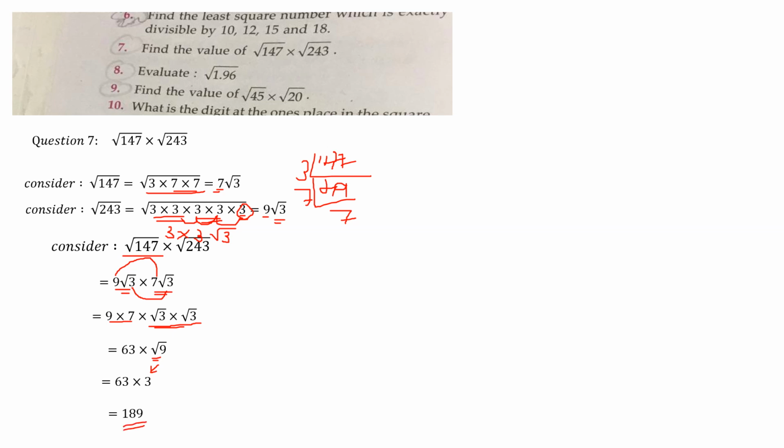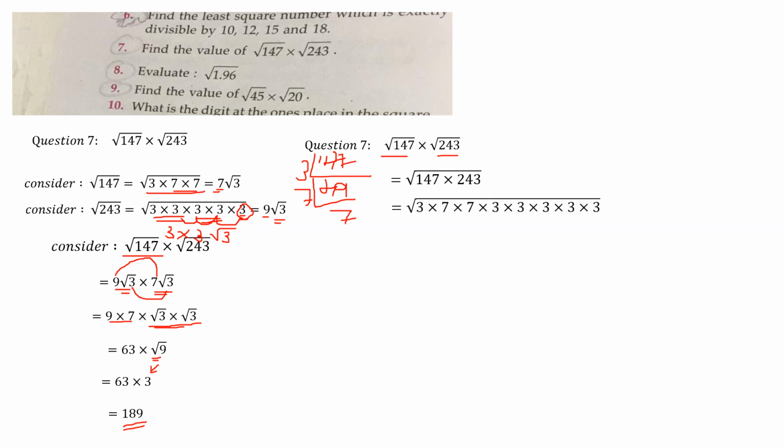The same question can also be solved using the exponent rule. Here it is square root of 147 into square root of 243, square root into square root. We can use a single square root, just like a power m into b power m can also be written as a into b the whole power of m. And factorization is the same.